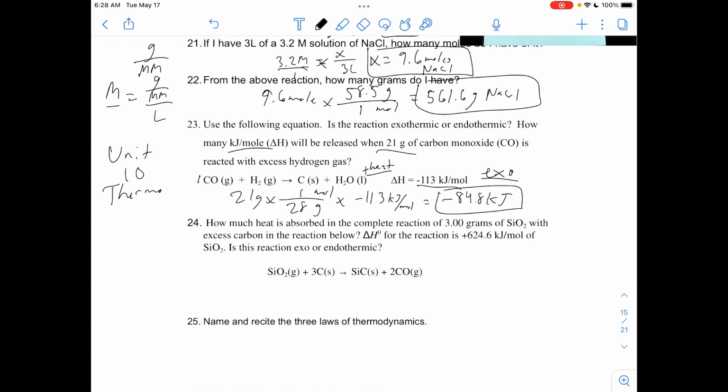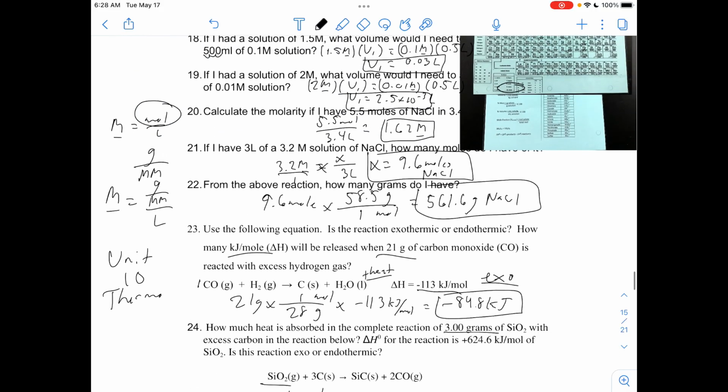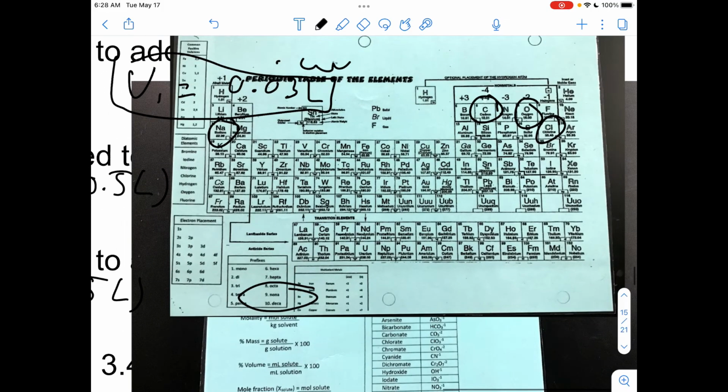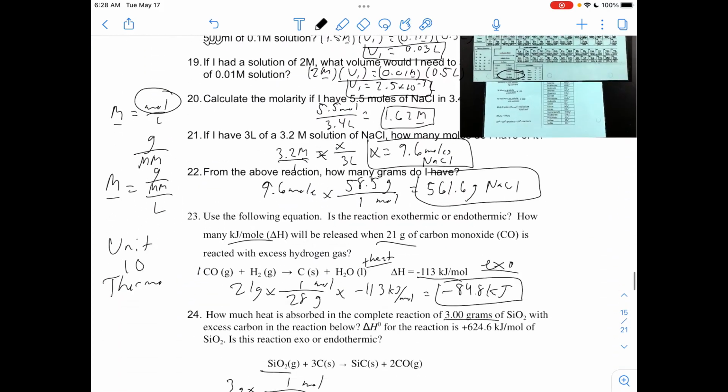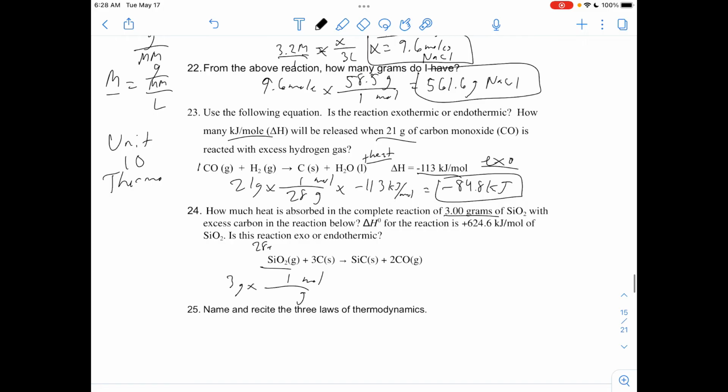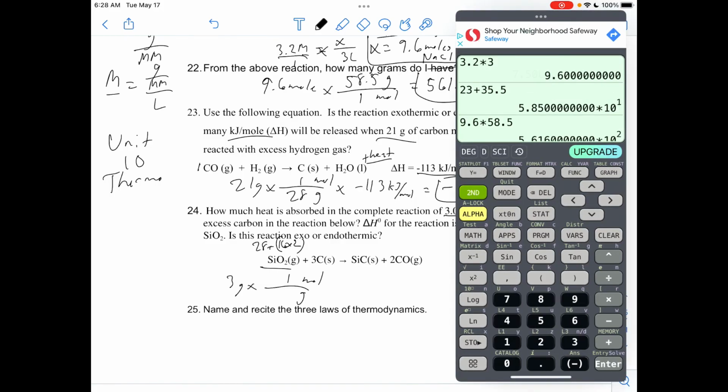Okay, same type of problem, except this time we have 3 grams of SiO2. So again, I have to get that into moles. Silicon is 28, oxygen is 16, so 28 plus 16 times 2, which is 32. 28 plus 32 is 60.